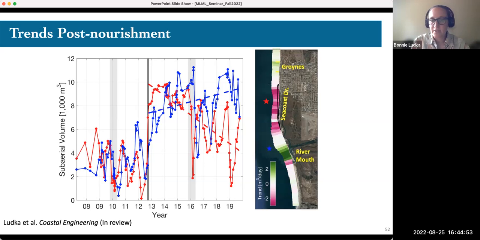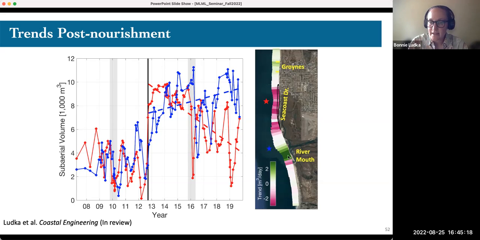And then if we do the same thing after nourishment, we look at those trends, we see very significant erosion in front of Seacoast Drive, perhaps not surprising because that's where the nourishment was placed. I've drawn the nourishment here with this black outline. It might be small, but it was placed in front of Seacoast Drive. We saw a bunch of erosion, probably because that beach was out of equilibrium with waves, but it also tends to be a place of erosion we find.